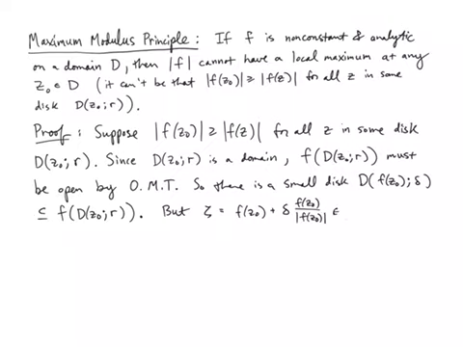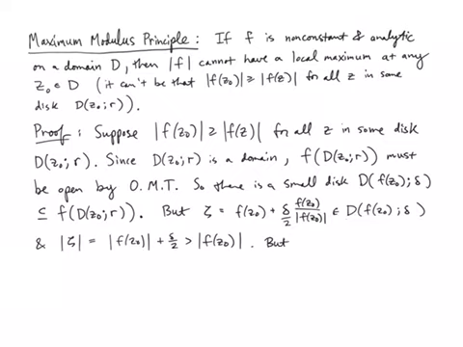This is in the disk around f of z naught of radius delta, and the length of zeta is equal to the length of f of z naught plus delta over 2, and that's greater than the norm of f of z naught.